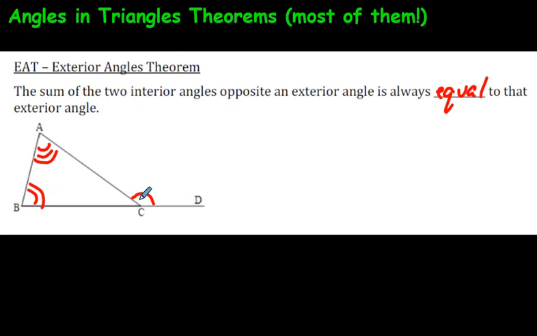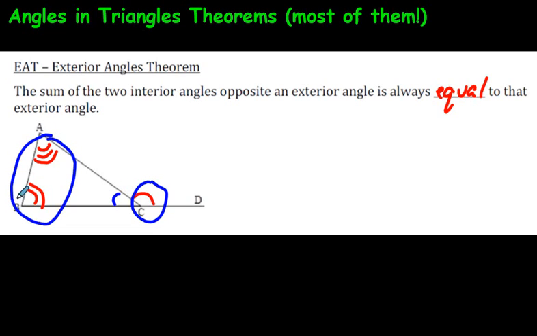Why is that? Well, this angle plus this angle have to add up to 180 degrees because it's a straight line. And that means, if you think about this angle in here, this angle plus these two also have to add up to 180 degrees. So these two have to be the same as this one. I'll say it one more time.